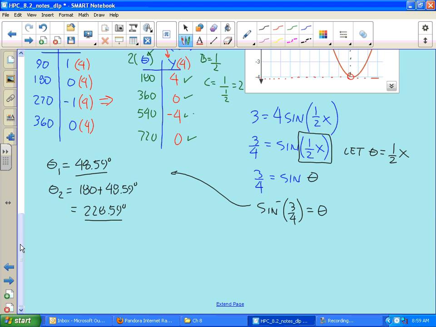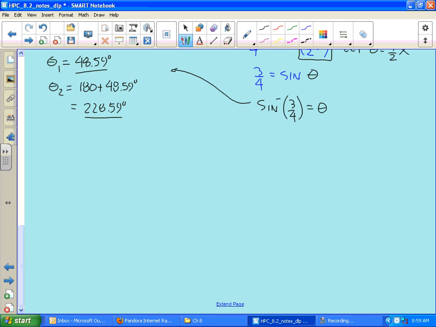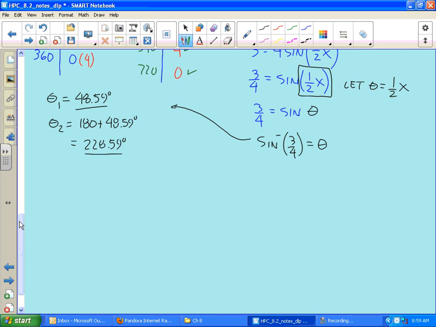But we have to substitute back in what theta is. And we said theta is equal to 1/2 x. So 1/2 x equaling 48.59 degrees. We'll call this x1, means that x1 is equal to twice that, which is going to be 97.18.